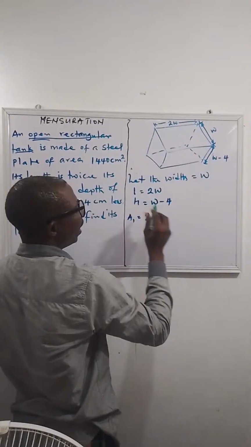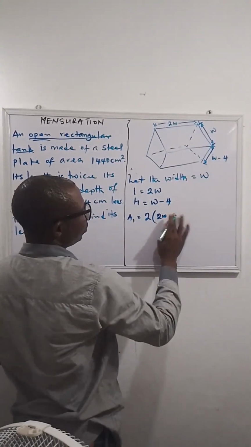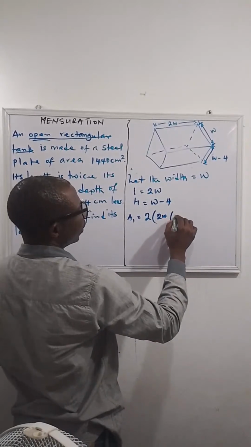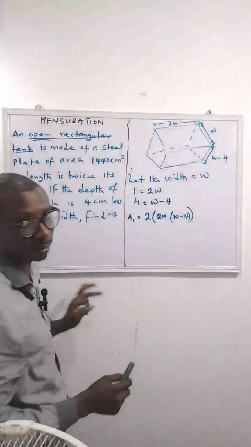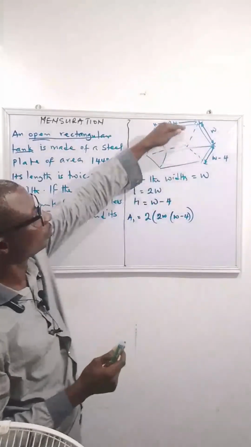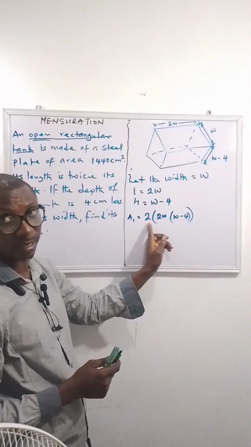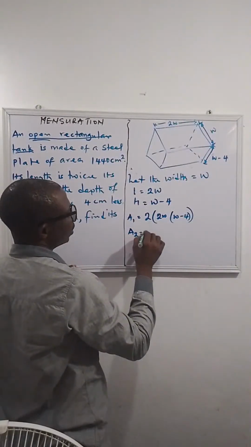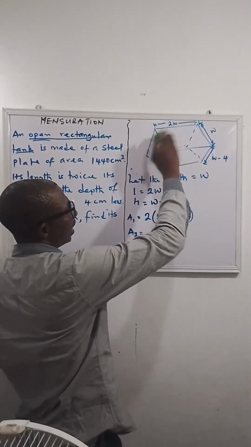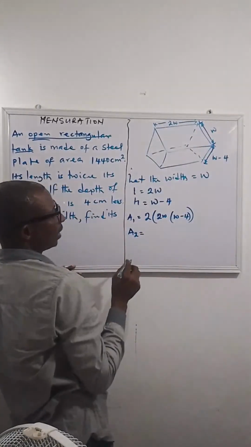So I have 2W times W minus 4. Since we have 2 of this area, that's why I put 2 here. Now let's look at the second area. The second area is this side and this other side. They are the same thing. So how do I get the area?